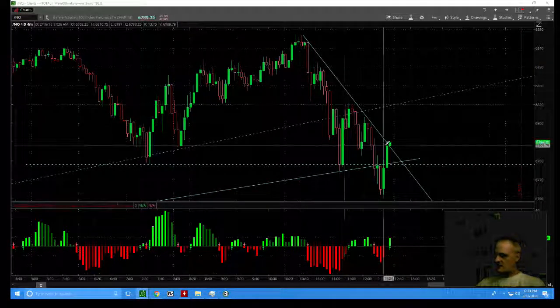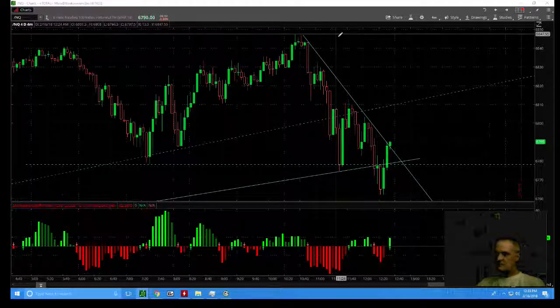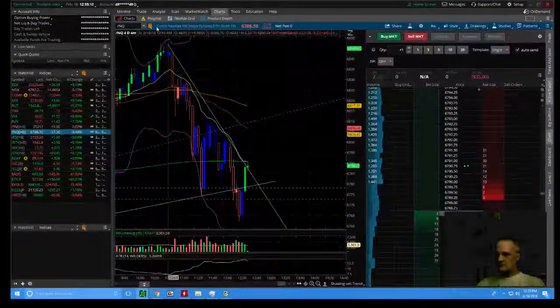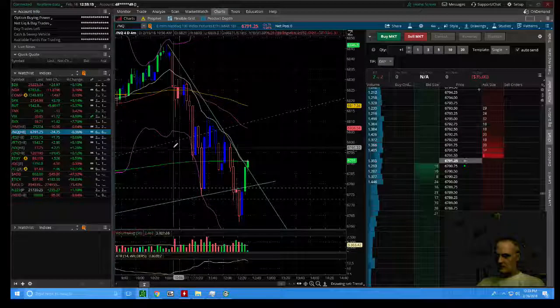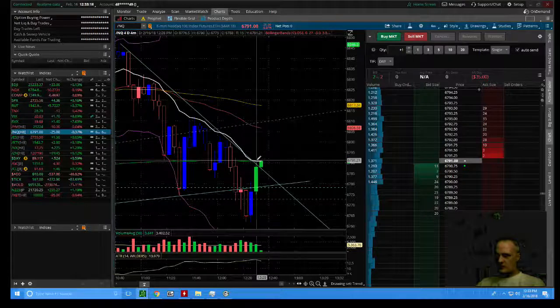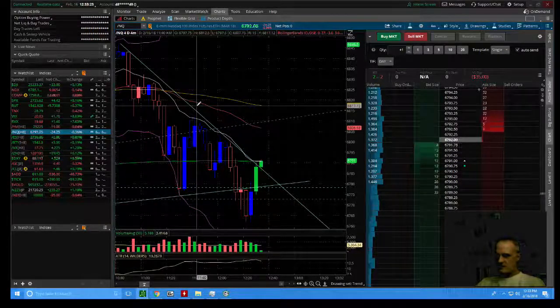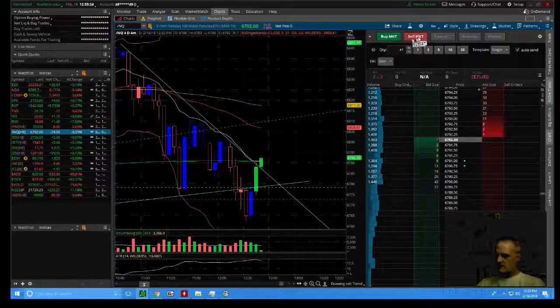So right now we're seeing this play to the long side, which, if we get a close above these two moving averages, that's a stronger signal.